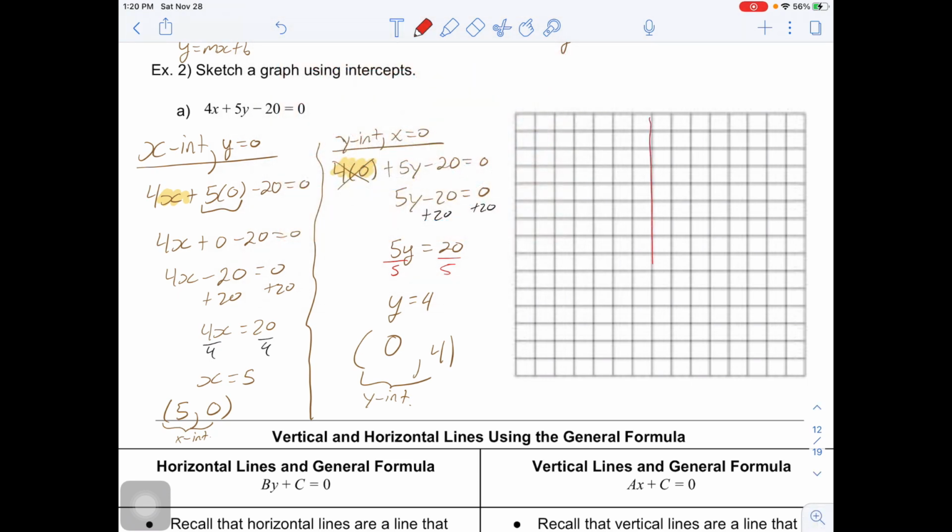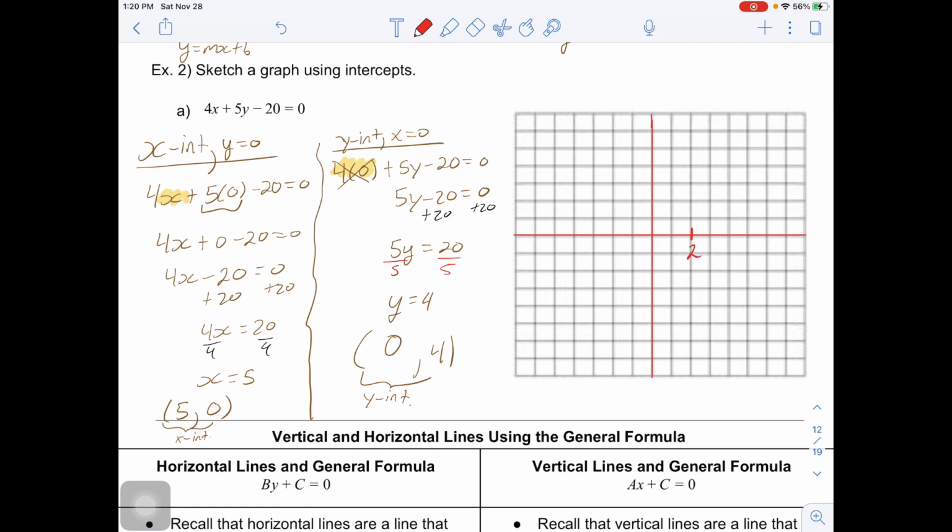So I'm just going to make a y-axis here, and obviously try and put that right on top of the line. And then I'll make an x-axis here. There we go. Let's make every tick 1 to make our lives a little easy.